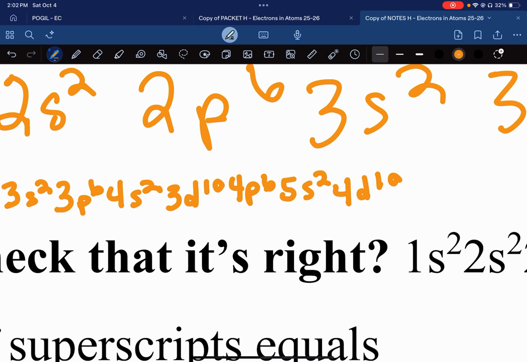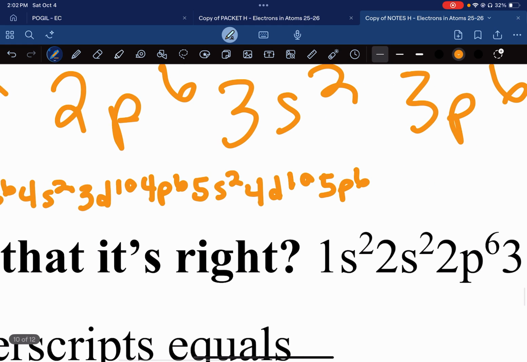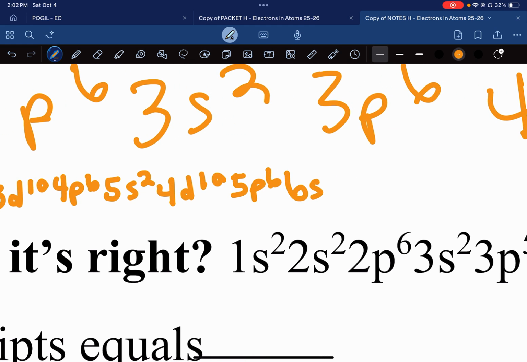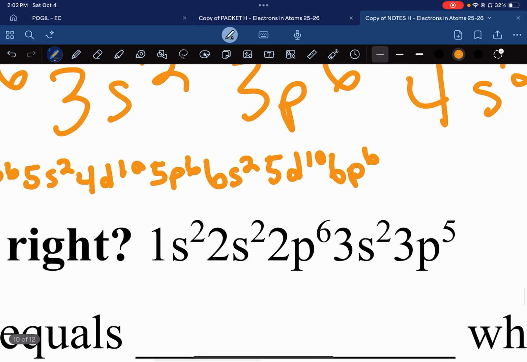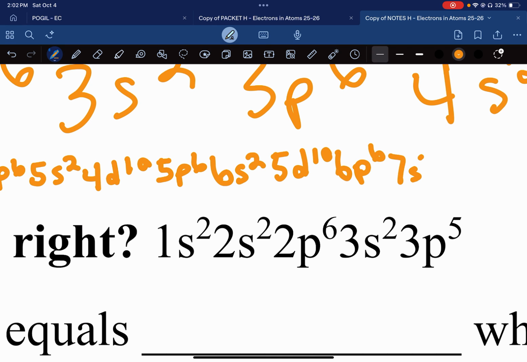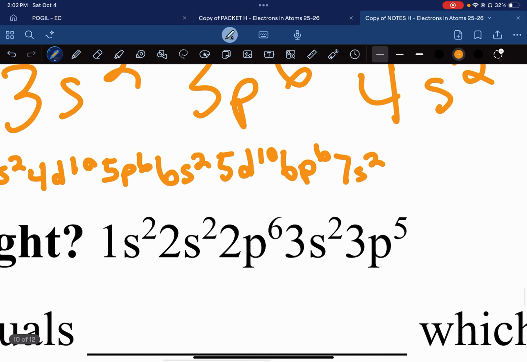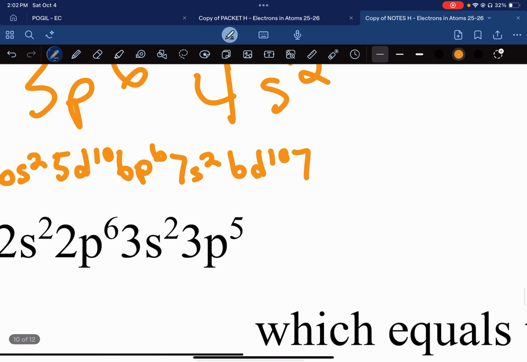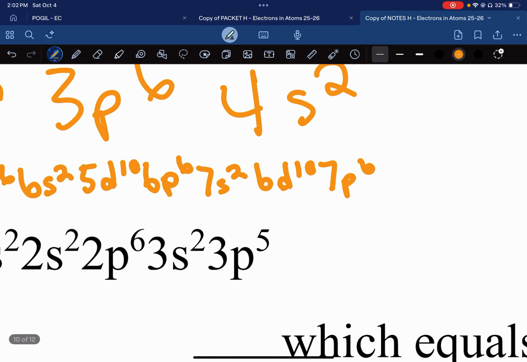And then after 4d10, we're back at 5p6, 6s2, 5d10, 6p6, 7s2, 6d10, 7p6. Okay, wait a minute.